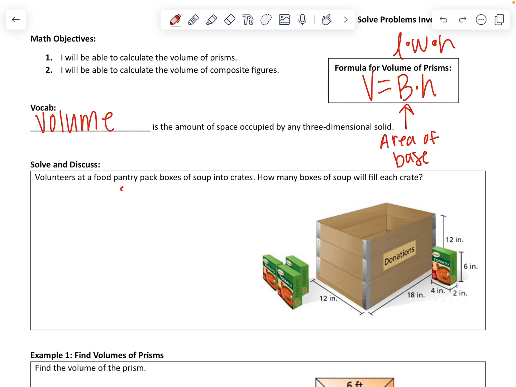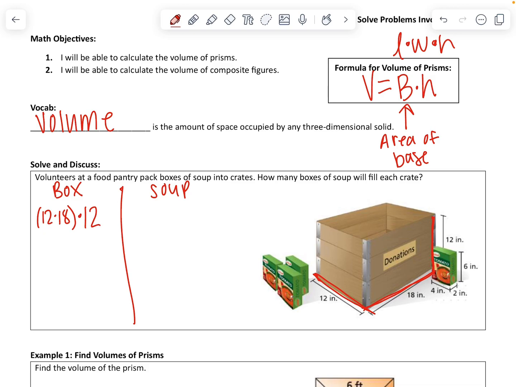I'm going to divide this into two: box and soup. For both of these, we have to find the area of our base. For the box, that's 12 times 18, and then we multiply it by our height, which is 12.